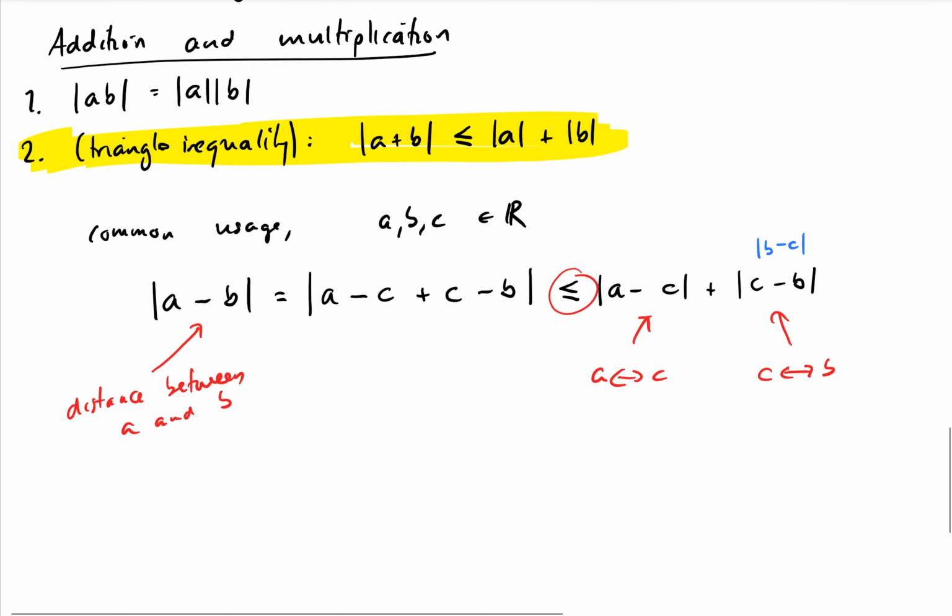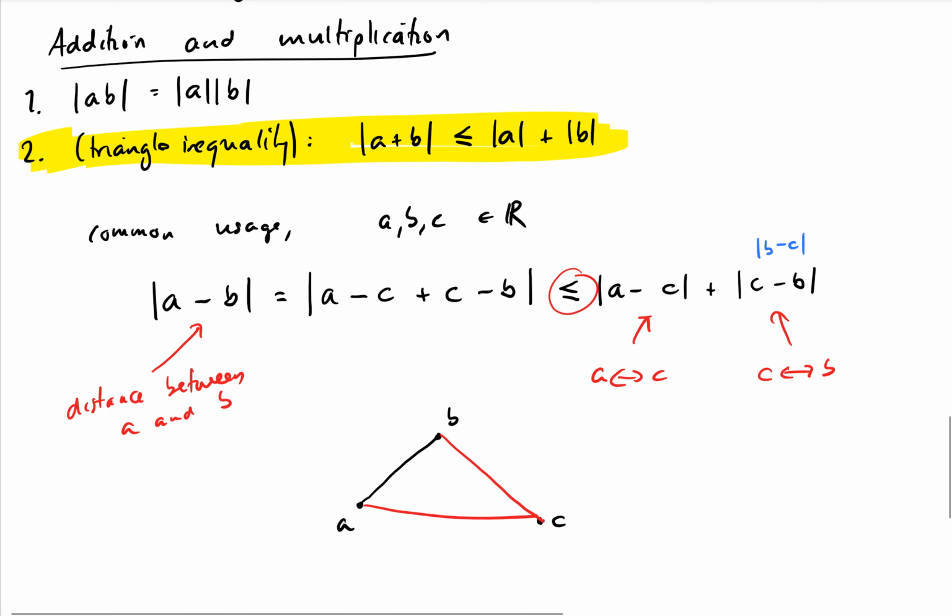Because if, for the sake of argument, you imagine now that we're not dealing with real numbers, but we're dealing with points on a plane, then this says the distance between A and B, this side of this triangle, is less than or equal to the sum of these two distances. In fact, let's make them different colors.